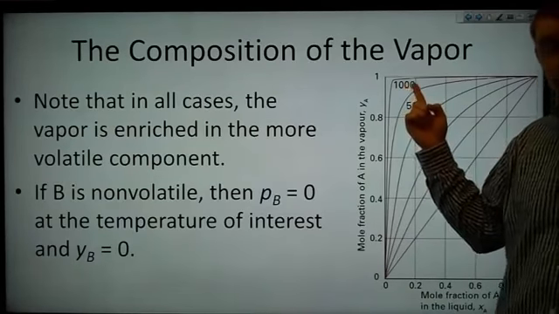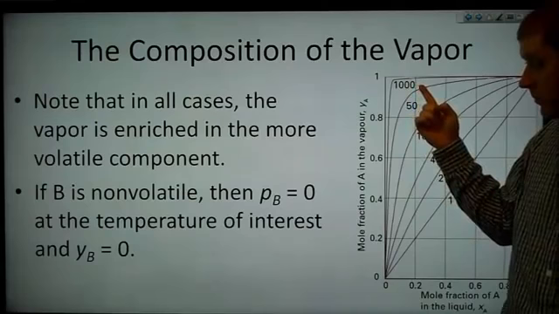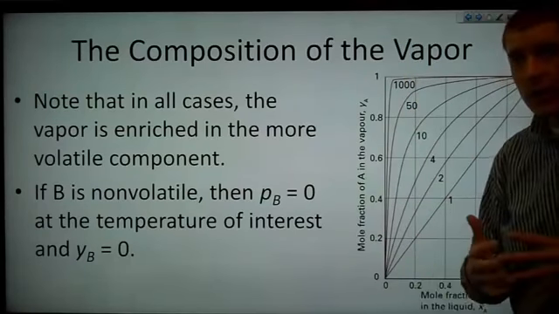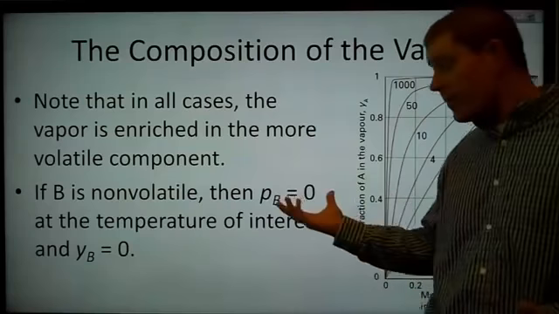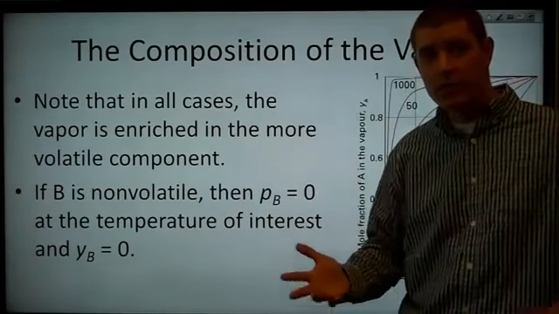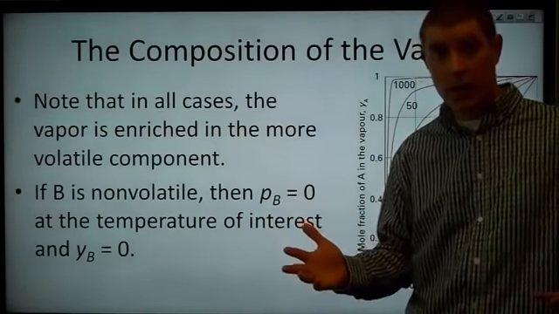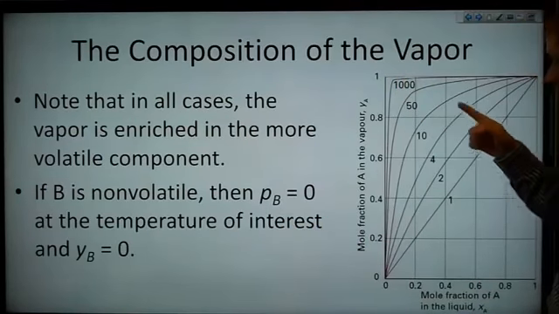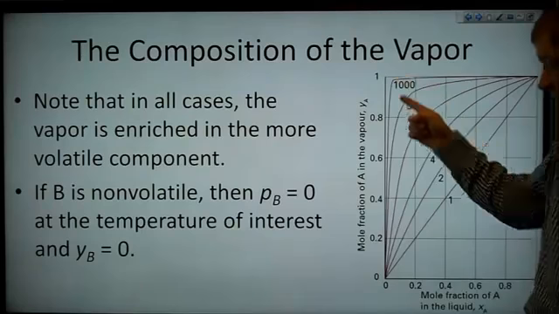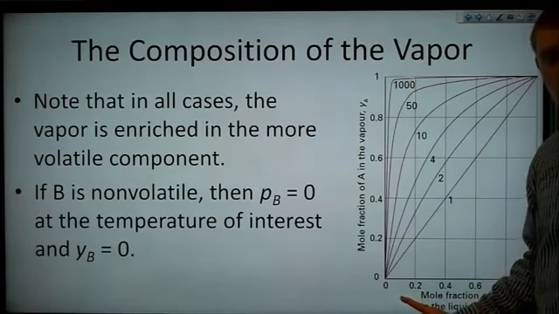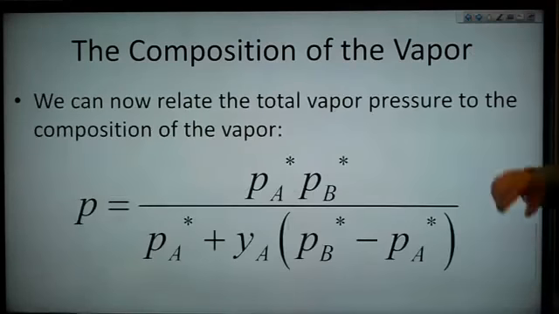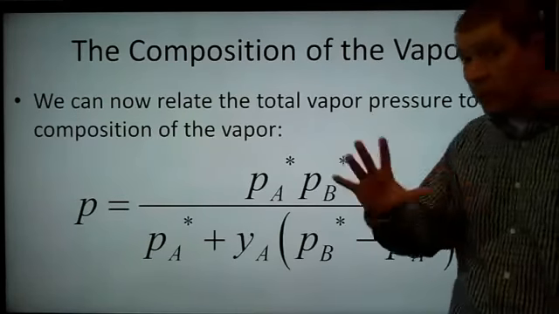As long as we have any A around, some of it will be in the vapor phase, and that's all that's there. Because if we don't have any B in the vapor phase, then 100% of the vapor is component A. So that's why this is trending towards a mole fraction of 1, even at really, really small quantities of A in our mixture in the liquid phase.